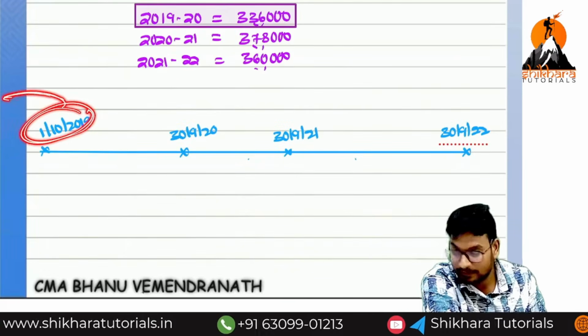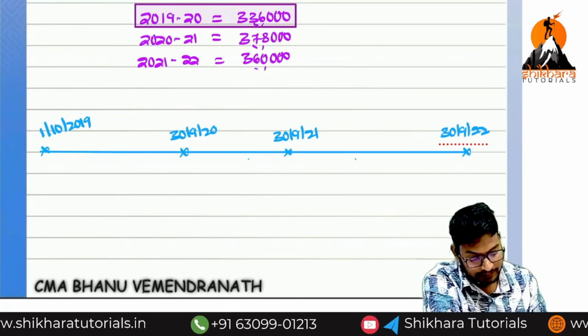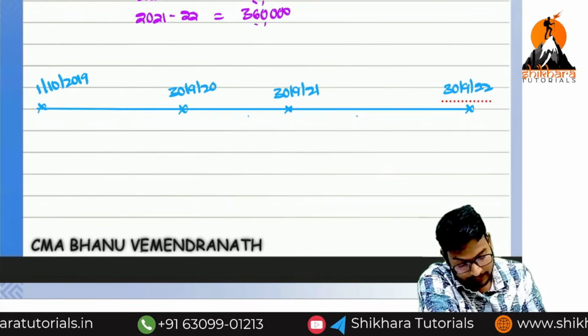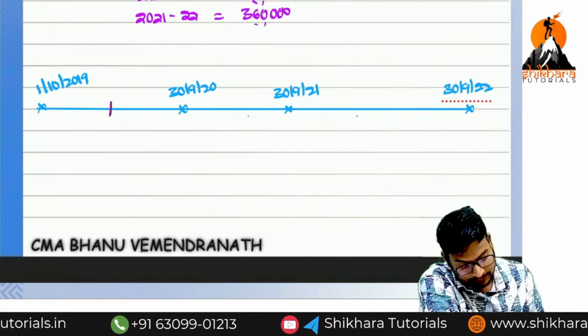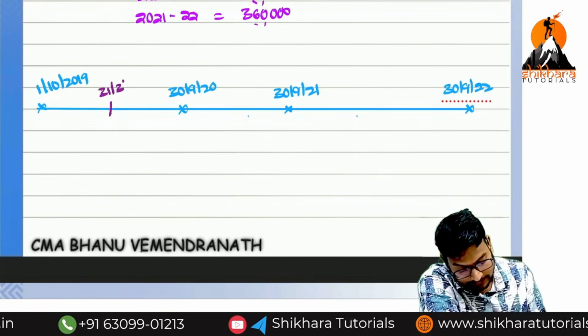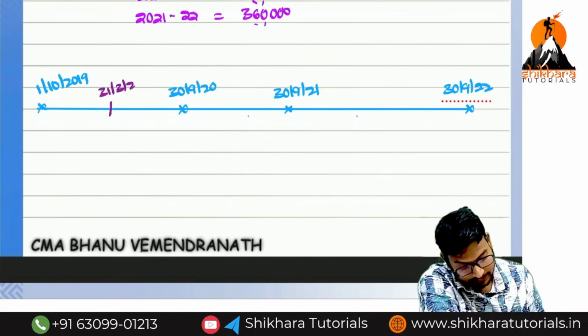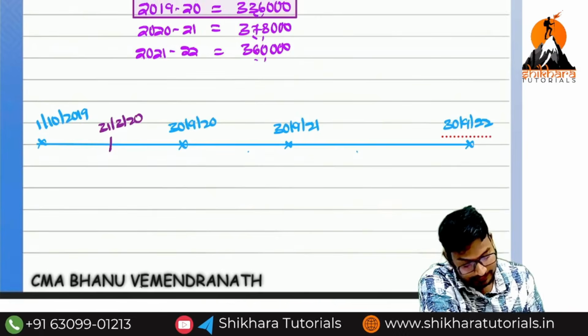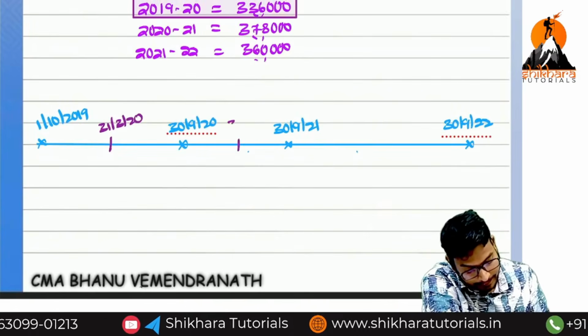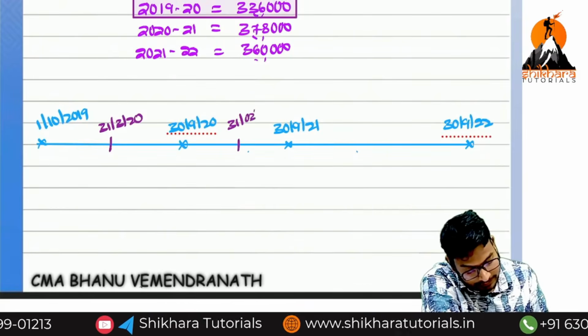What is the year ending? 31st March 2020. The next year ending, 31st March 2021.